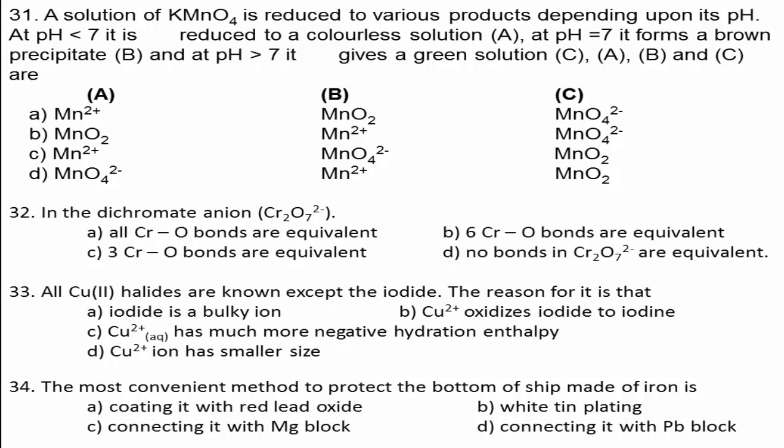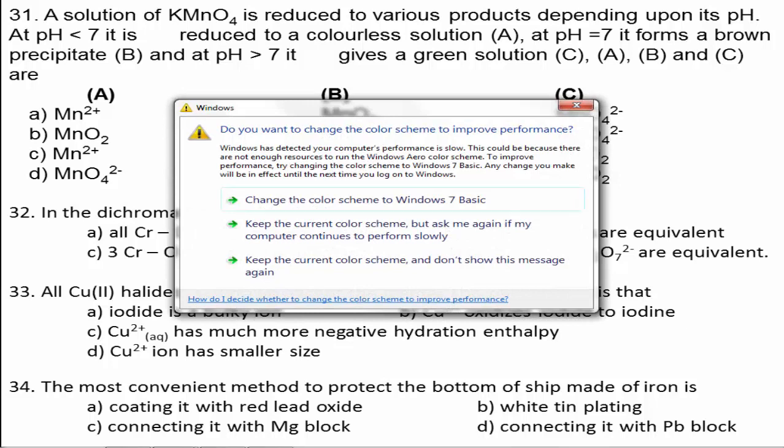Yes, a solution of KMnO4 is reduced to various products depending upon its pH value. At pH less than 7, it is reduced to a colorless solution, Mn2+. At pH equal to 7, it forms a brown precipitate, MnO2.